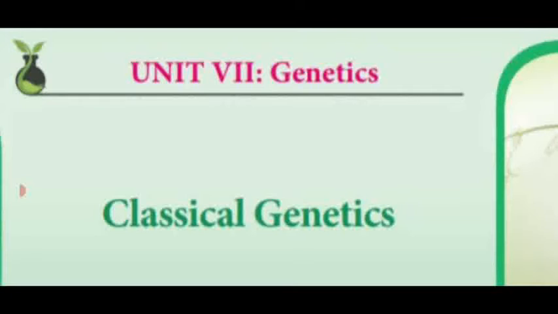But in the next generation, when the F1 generation is crossed with the recessive parental character, they show both dominant as well as recessive phenotypic characters, which appear in the F2 and F3 generations. That is the advantage of back cross. Up to this we have seen in the previous video class.